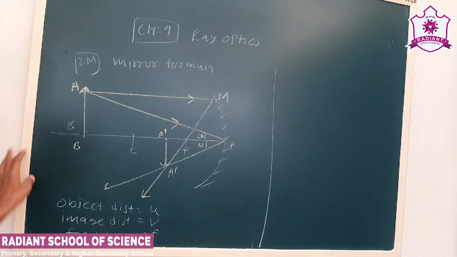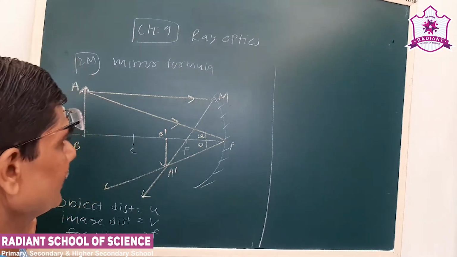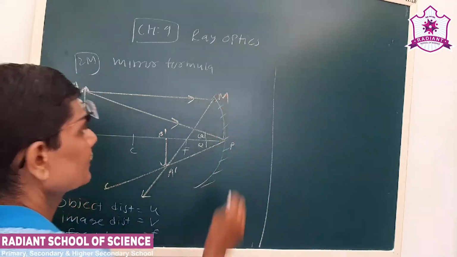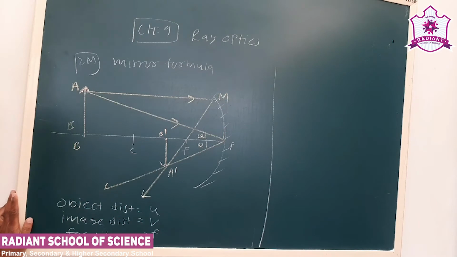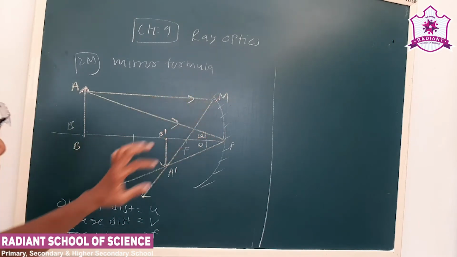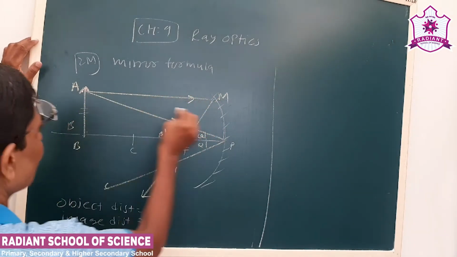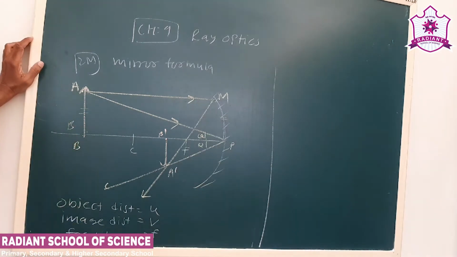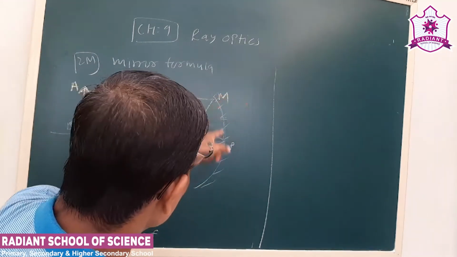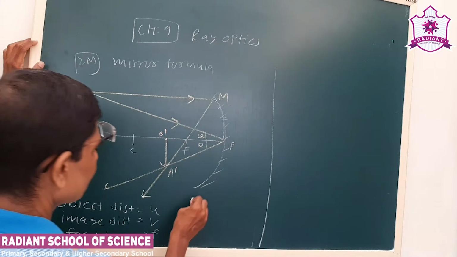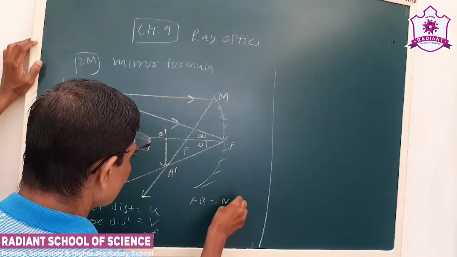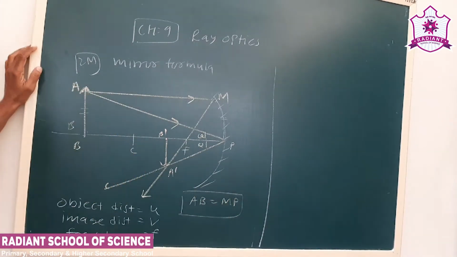Now we see, actually this is a curved path, but we take some assumption. Then this is also a straight line, and these are the opposite sides. If I consider this as a straight line, this will be a rectangle. So we assume that AB is equal to MP. That is a very useful relation.